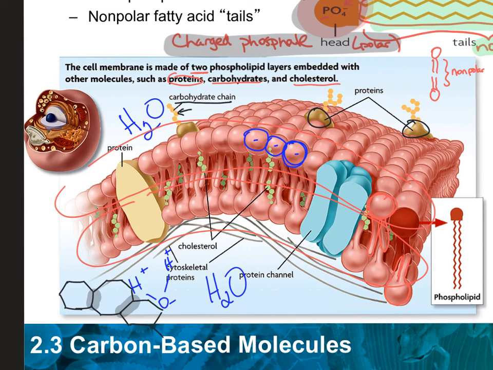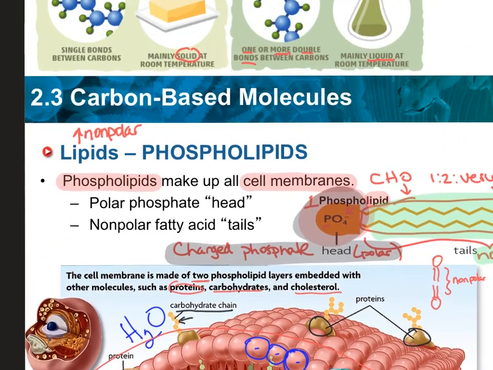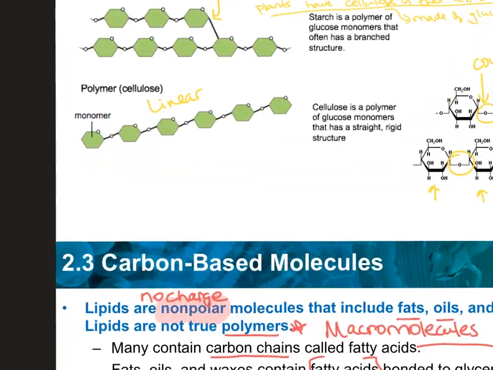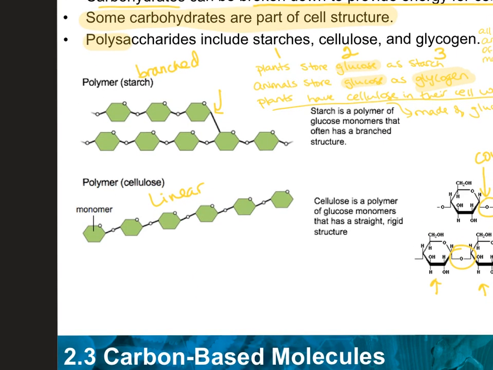I have to draw another one to make it cholesterol because it needs to be 4. So 1, 2, 3, 4 fused rings, which is very different from a carbohydrate, because a carbohydrate wouldn't be fused. Let's go back. Notice that these rings are not fused. There's a bond between them, so they're not right next to each other.